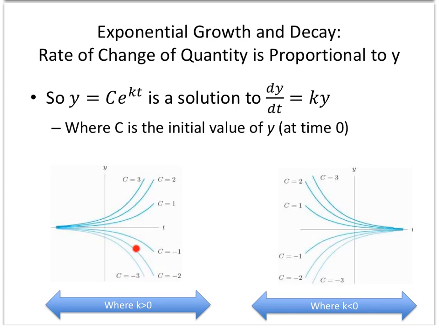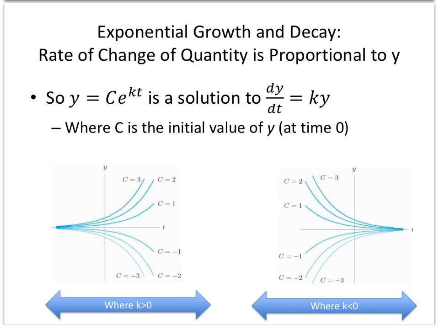If I have negative values, my function's going to go down. And now these are all dependent as well on my constant. So if I have a positive value in my constant and my k is positive, that would be an exponential function that's increasing. Again, you're going to see a whole bunch of examples of these. And so you need to know basically this k here, if it's positive or negative.